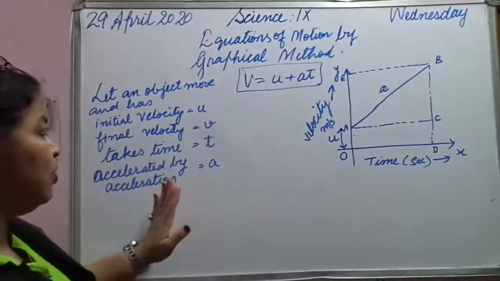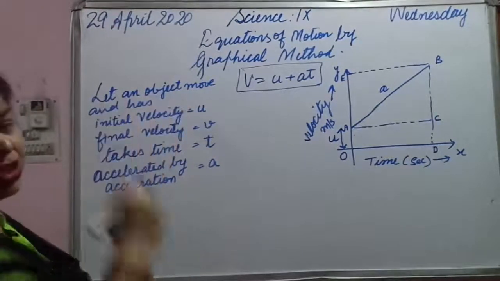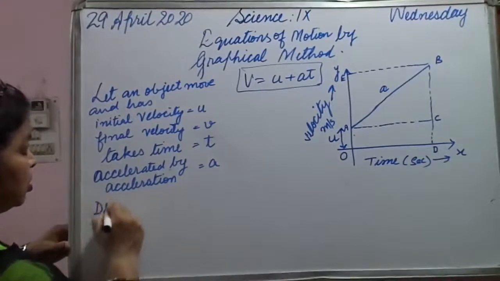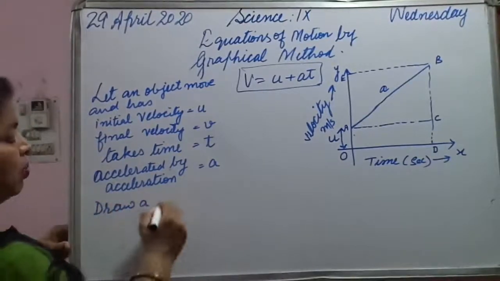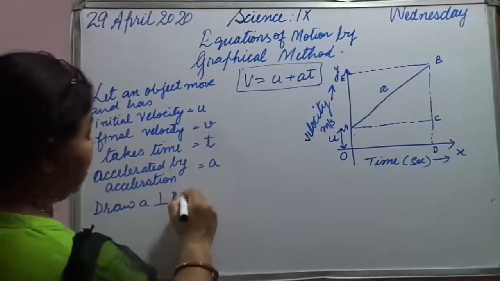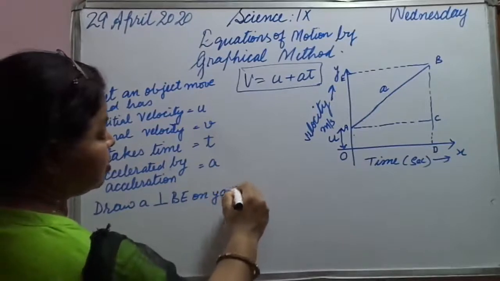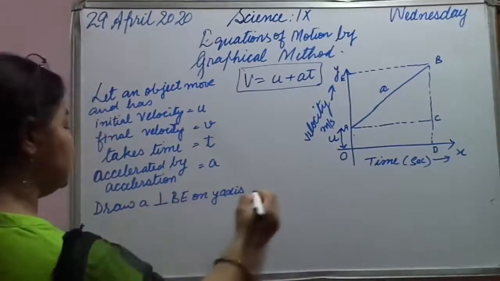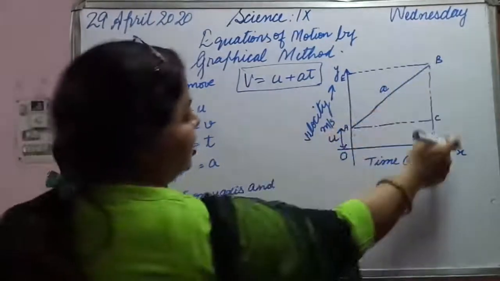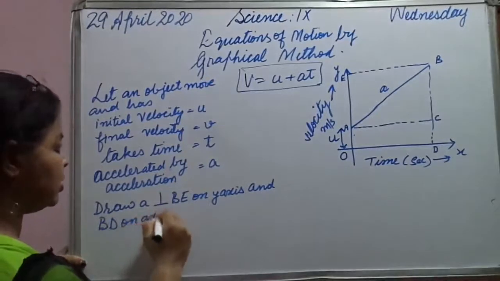Okay, after you have described this, let us write here what construction we have done. Okay, draw a perpendicular BE on y-axis and BD on x-axis.